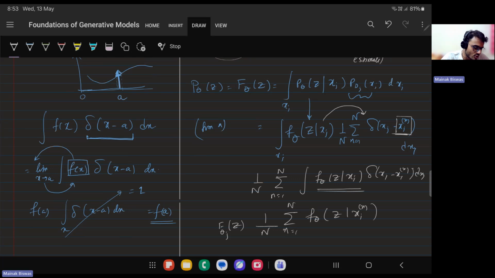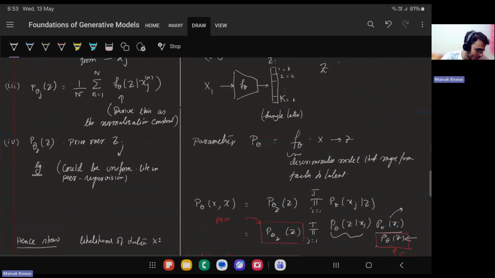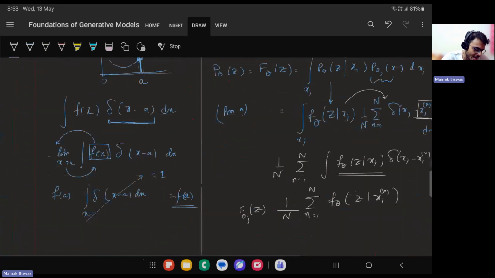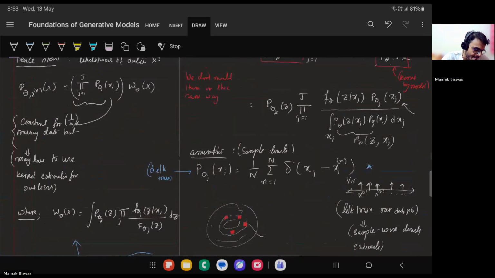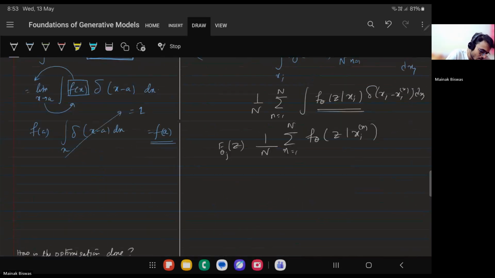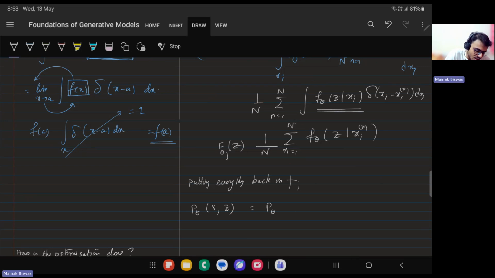So now if we put everything back into the equation, putting everything back in dagger, we get p theta of x comma z equal to p theta of z.